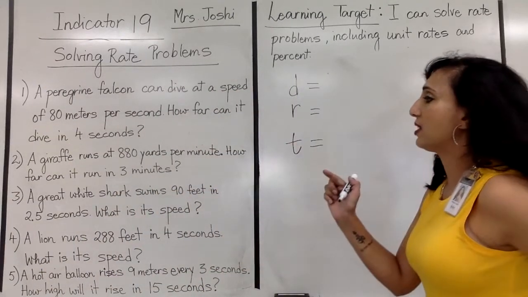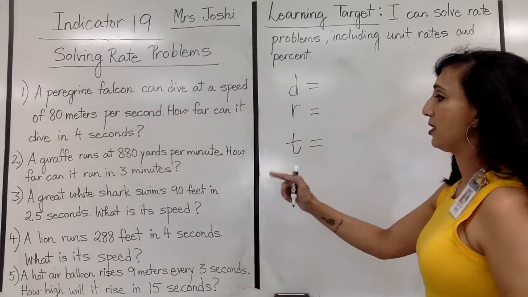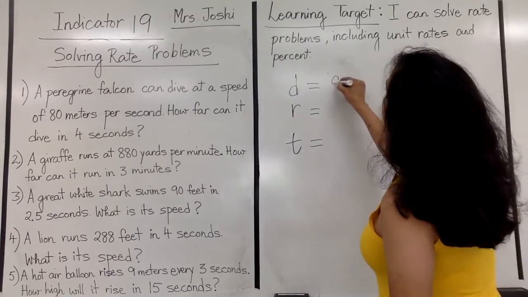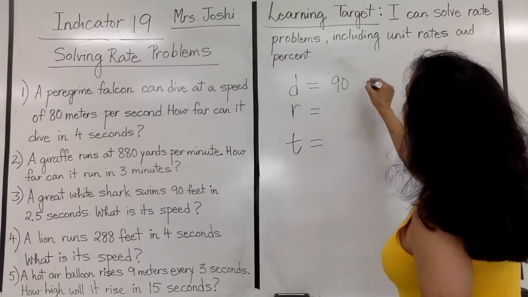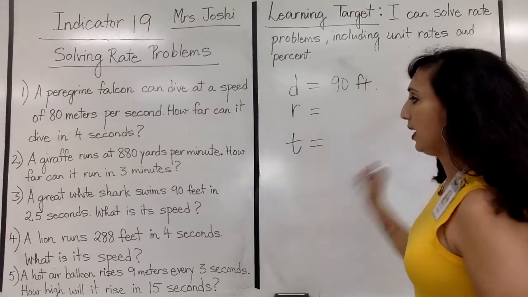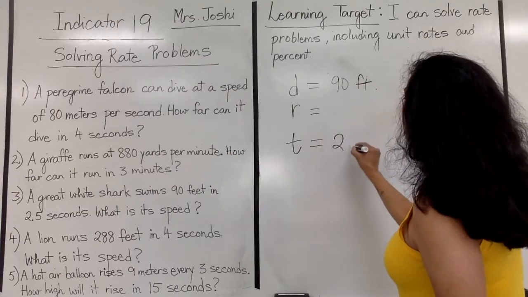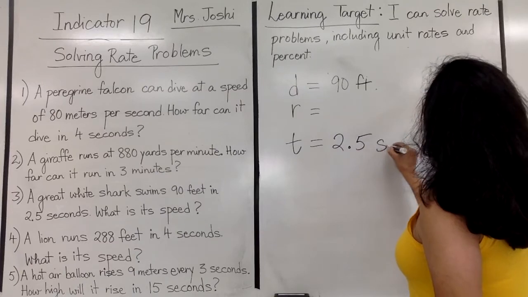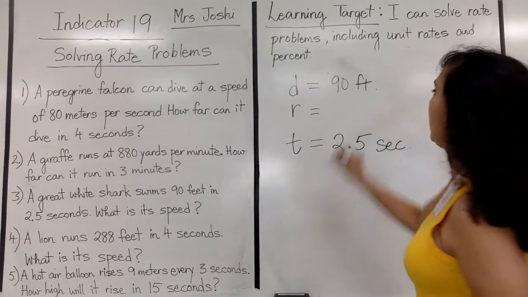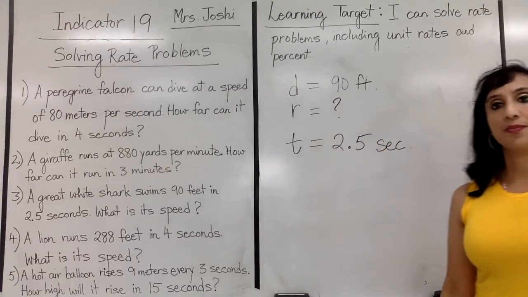Okay, so what is the distance it travels? It is swimming 90 feet in the time which is 2.5 seconds. What is its speed?